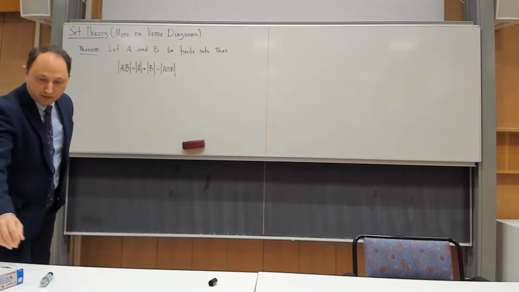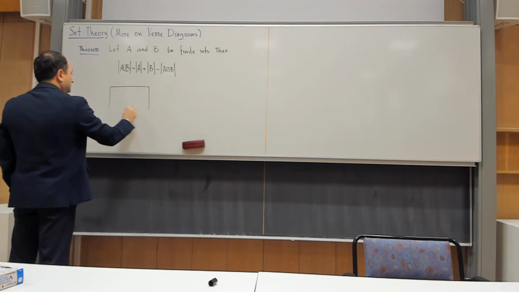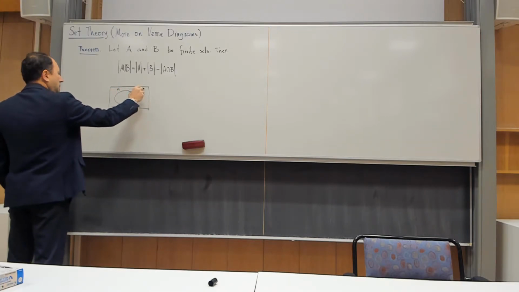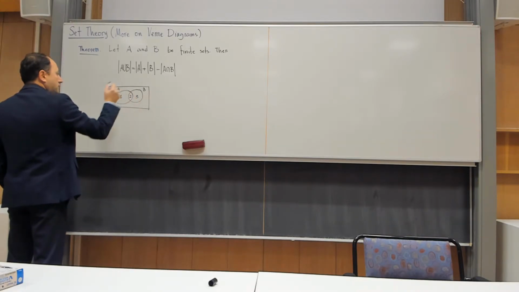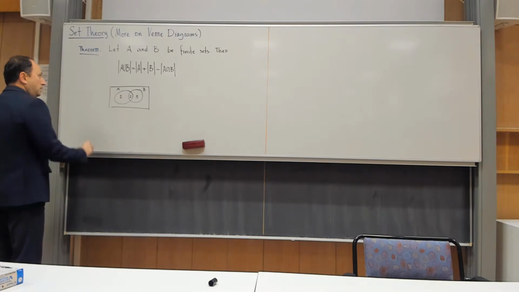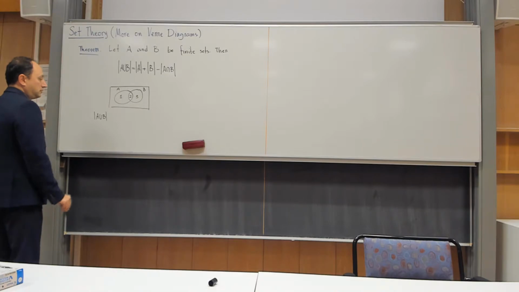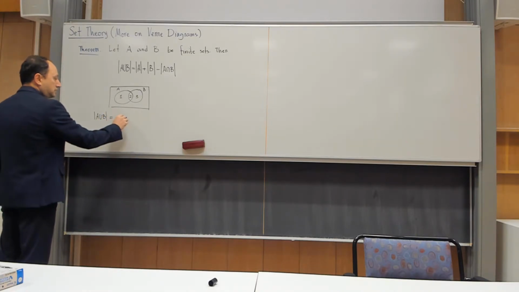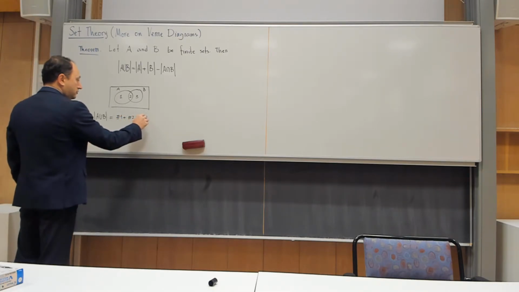So yeah, another way, of course, if I want to convince you, that's also good to know. Let me just draw another diagram. So here I have A, here I have B. So let me call this part 1, this part 2, this part 3. Okay, so when I ask you about the cardinality of the union of this, I mean the number of elements in 1 plus the number of elements in 2 plus the number of elements in 3, agree?